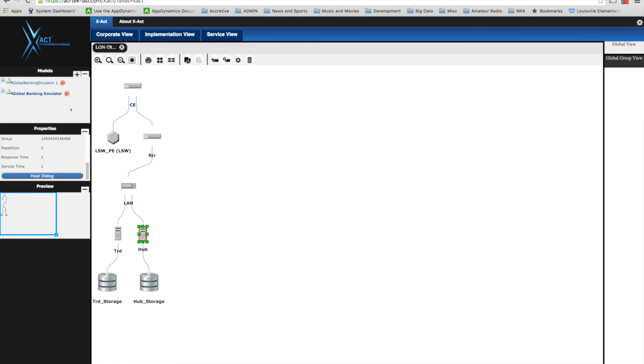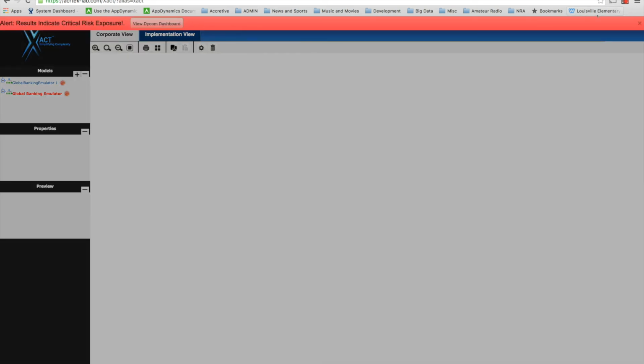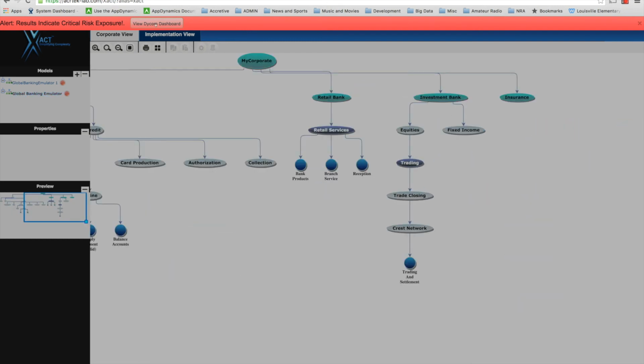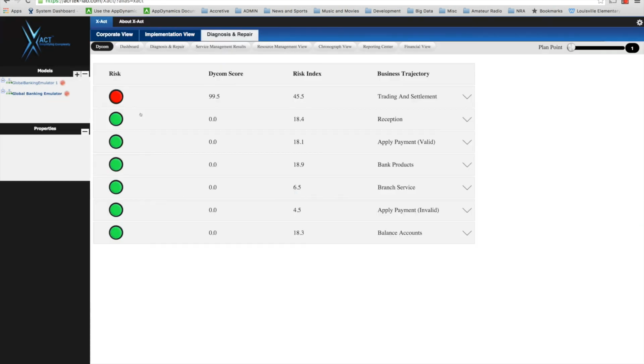Lastly, we can take a quick look at results. When a model is computed, we get results. In this case, we see that there is an issue. We have a red banner here that shows us that at plan point 1, our DICOM score gets rather high.